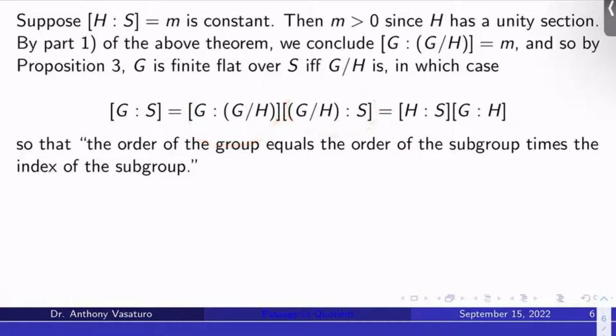The first one is the order of H over S, and the second one is the order of G over H. In other words, the index of S in G is the index of S in H times the index of H in G. Or if you like, the order of the group equals the order of the subgroup times the index of the subgroup, like from algebra class, right?